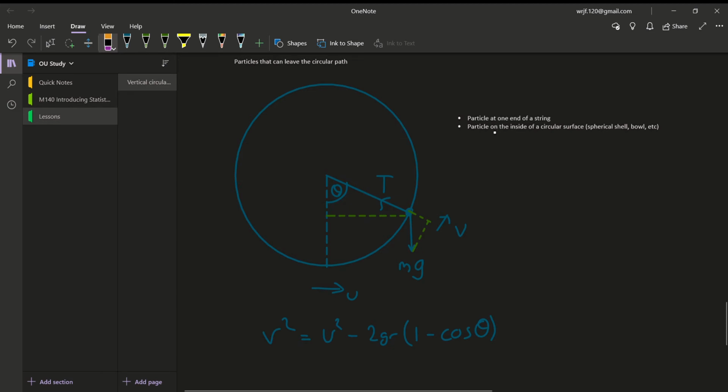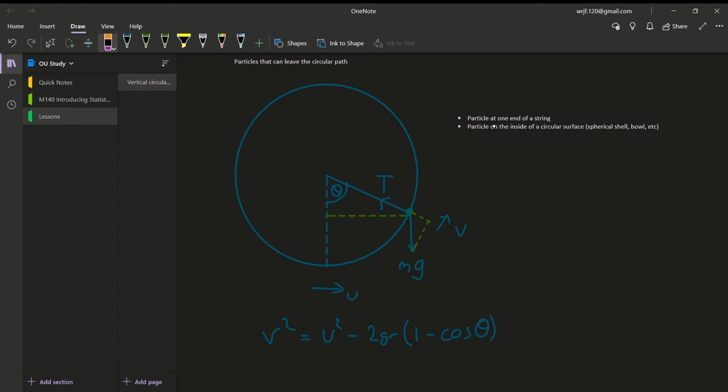You might have a particle on a string rather than a rod, so the rod being a fixed circle, the string not necessarily so fixed, or perhaps you've got a particle on the inside of a circular surface like a shell or a bowl, or on the inside of a cylindrical tube or something like that.